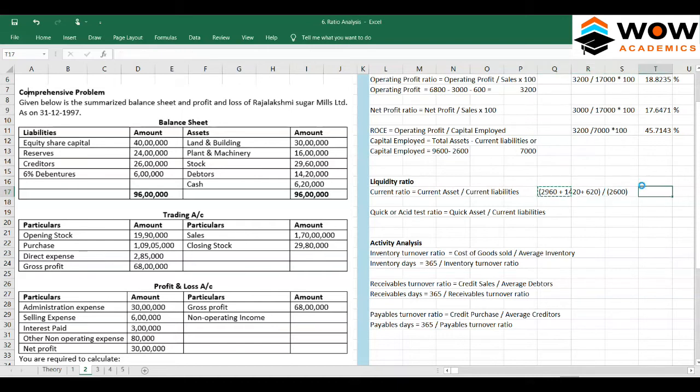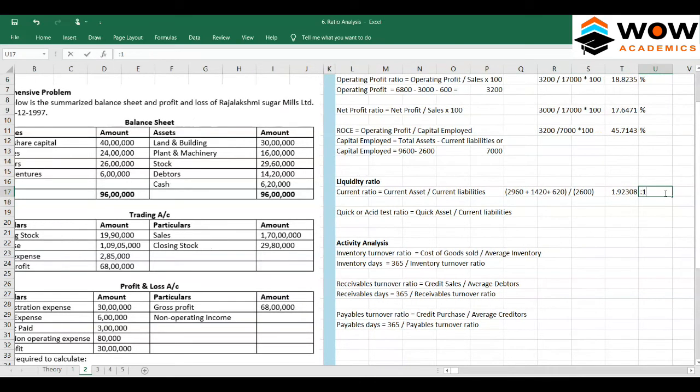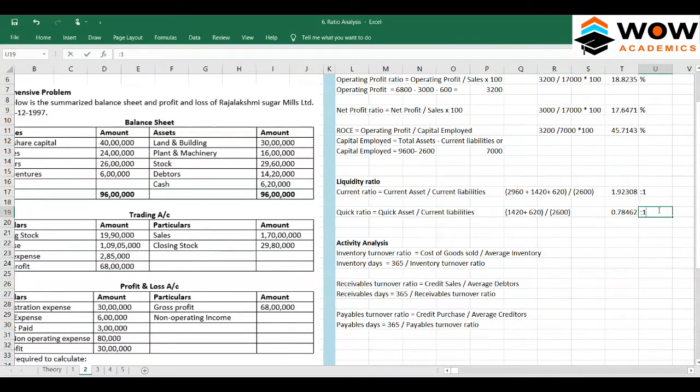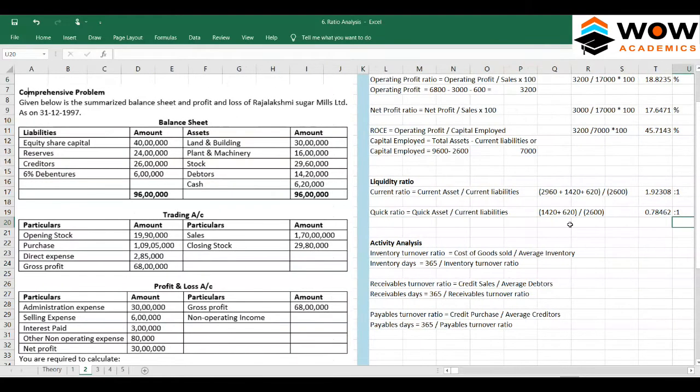So let's get the answer. The answer would be in terms of x is to 1. So let's get the quick assets. In quick assets, you will not have the inventory alone, so you can remove it. Thereafter, you can get the answer. This also should be in x is to 1. So we got that also.